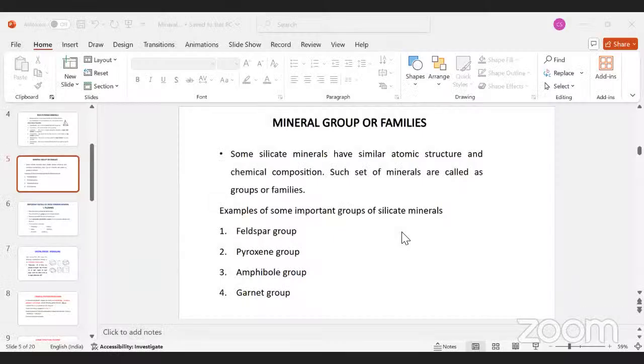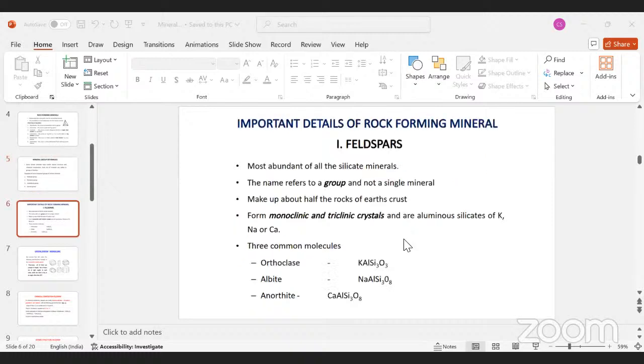In your textbook it is mentioned as mineral families: nesosilicates, orosilicates, cyclosilicates, and inosilicates. For example, the feldspar group. Feldspar group means a family of a group of minerals. I'll tell you this example.